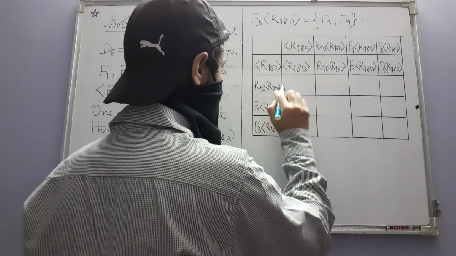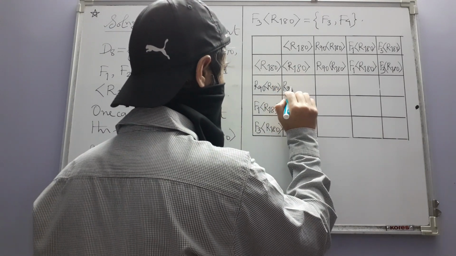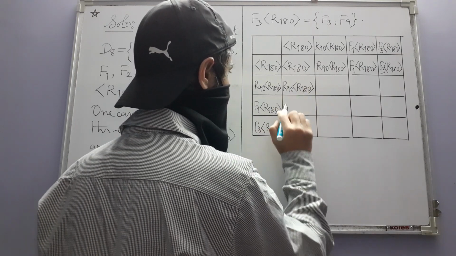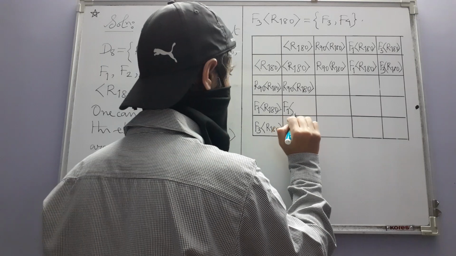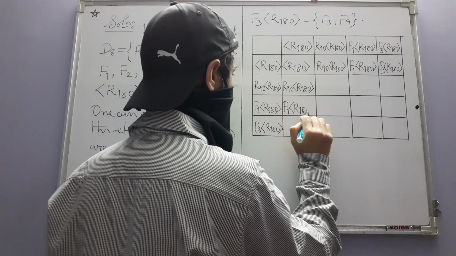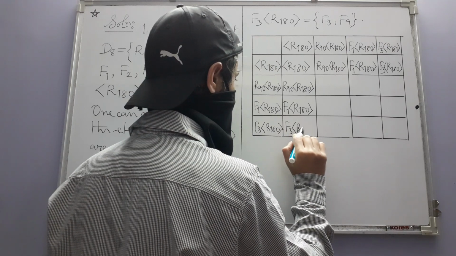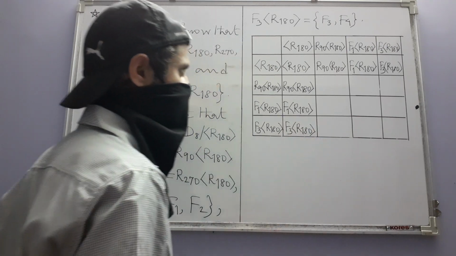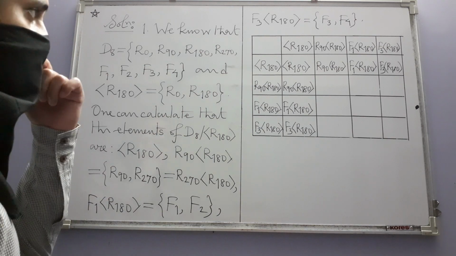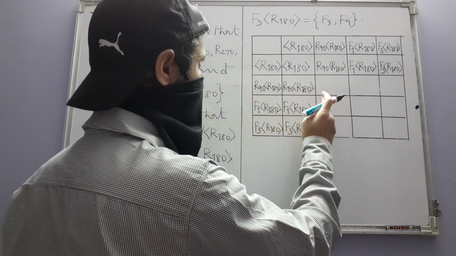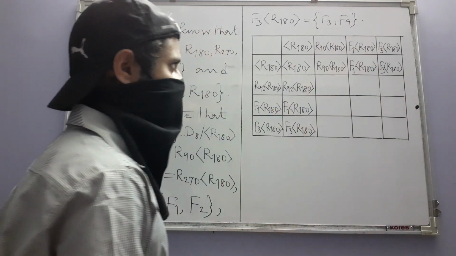And here also F1 R180, F3 R180. Okay, then the next thing you are going to calculate is R90 R180 times R90 R180.